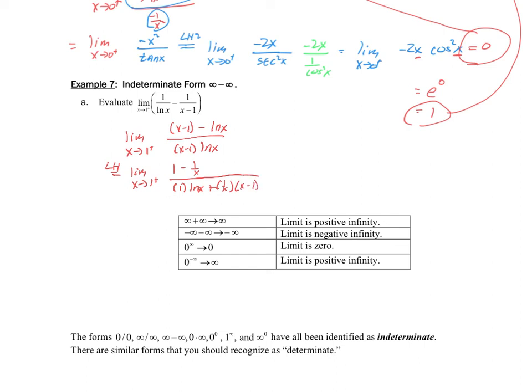All right, so what happens now if we put in a 1? Let's go through here in blue to see if this is going to work out. So if I put in a 1, I've got 1 minus 1, which we know is a 0, which is not necessarily bad. I've got a natural log of 1, which is a 0, but again, we have a sum there. 1 over 1, and then 1 minus 1 is a 0.